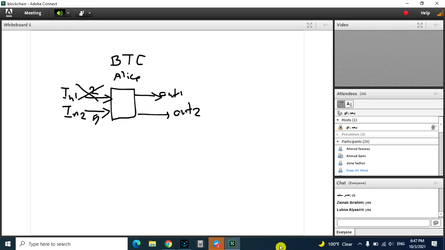If Alice wants to spend money, she must say that I want to spend this incoming transaction. I want to spend 2. Maybe, for example, she wants to send 1 Bitcoin to Bob. Okay? To do so, she must create a transaction, say that the original money is this transaction.